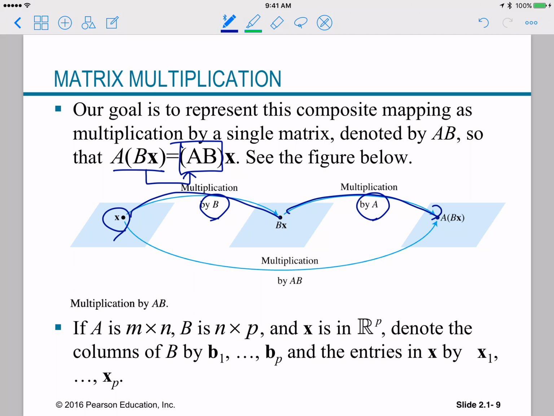Okay, so let's first think about the size of these two matrices A and B. So if A was m by n, what are these two spaces? Should it be m or n?